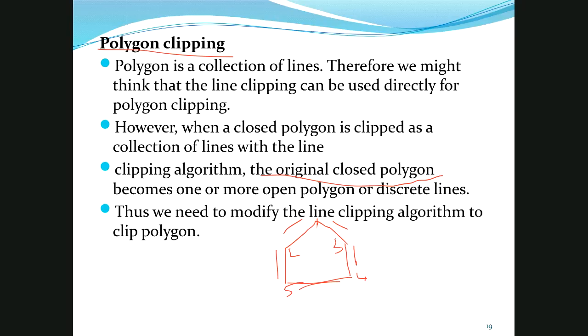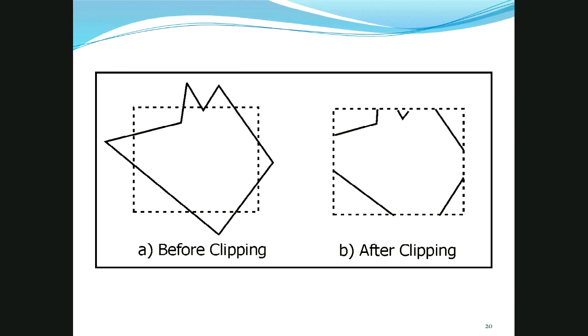Here they gave one example, see this one. Before, it is a closed loop, a closed polygon. After performing the clipping algorithm, it is open, see this is one line and this is one line, there is no closure, it becomes an open polygon. So this is an example of the polygon clipping algorithm.